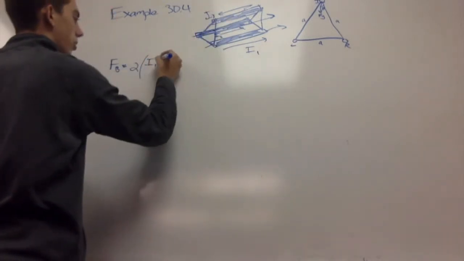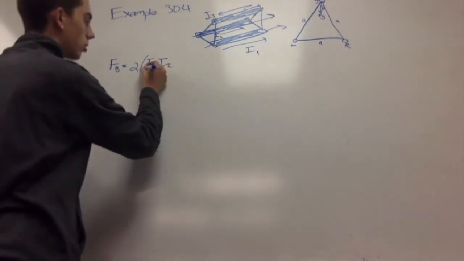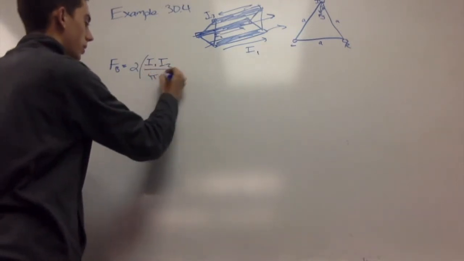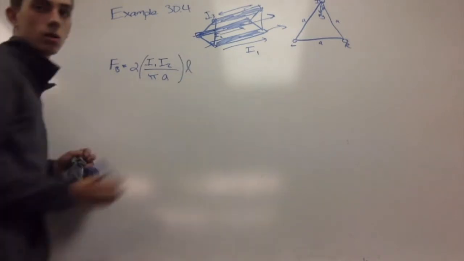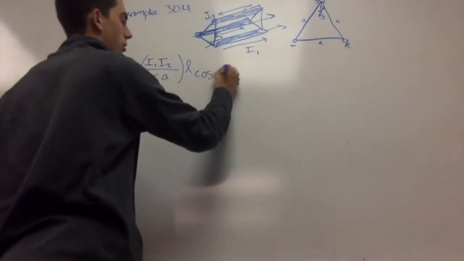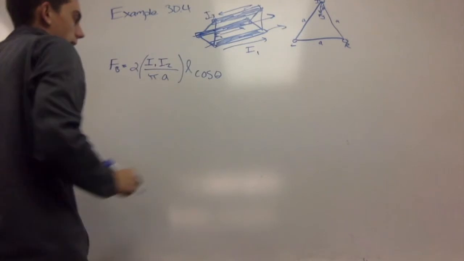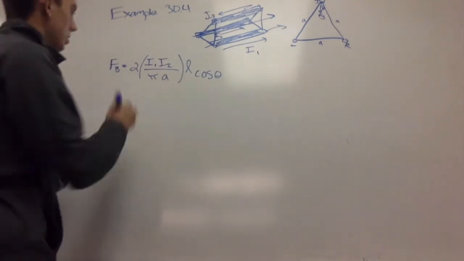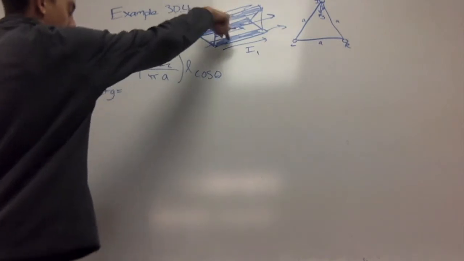The currents of 1 and 2 over pi a, the area, times the length, is cosine theta. Theta is the angle of difference that these are projecting it at. So we also have the force of gravity in play pulling this wire down.